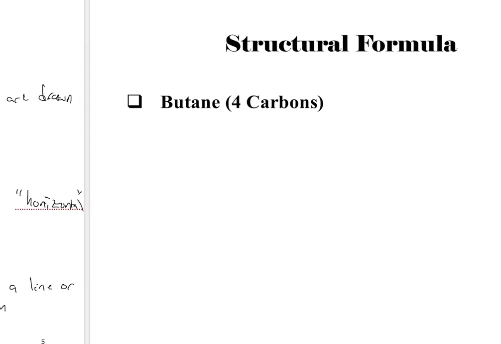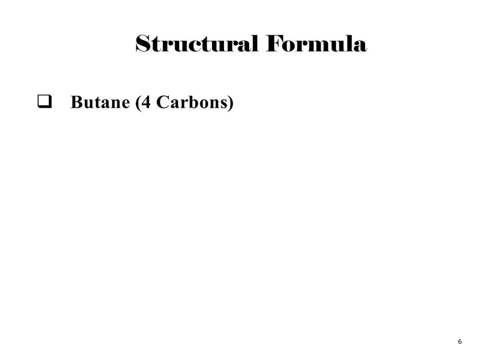All right, so let's do an example. So we have butane, right? Butane has 4 carbon atoms. So the structural formula is going to be 4 carbons, and then because it's a hydrocarbon, all the other spots are filled with what? Hydrogen, right?